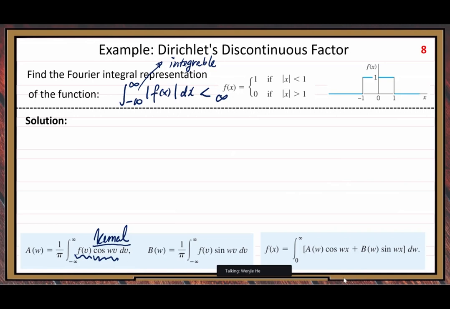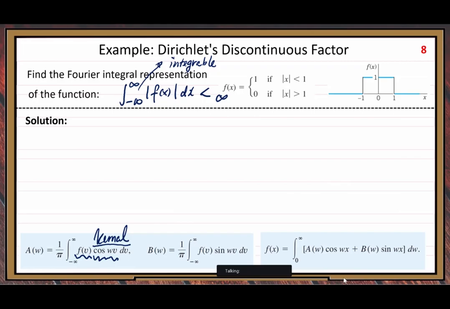for both sides, for capital A function and capital B function, we can always get valid functions, capital A of w and capital B of w. Because when f is integrable, these two functions are always valid.